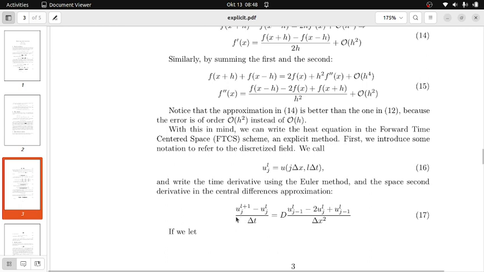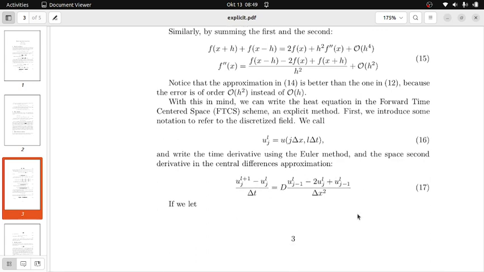And if we do this, we have (U_j^{l+1} − U_j^l)/Δt = D (U_{j+1}^l − 2U_j^l + U_{j−1}^l)/Δx².